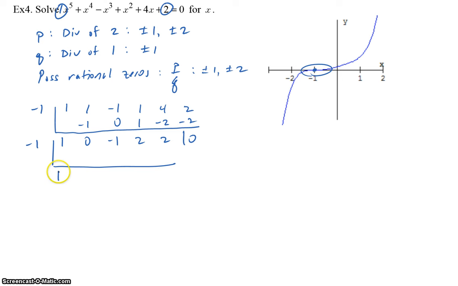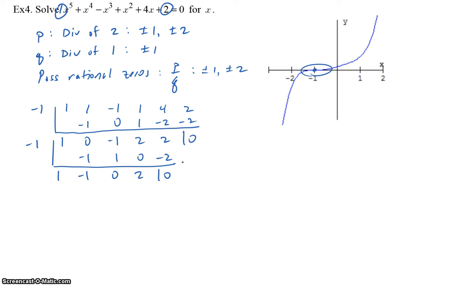So let's bring down 1, multiply, add, multiply, add, multiply, add, multiply, add, and indeed, -1 worked a second time. Well, guess what? It will even work a third time.